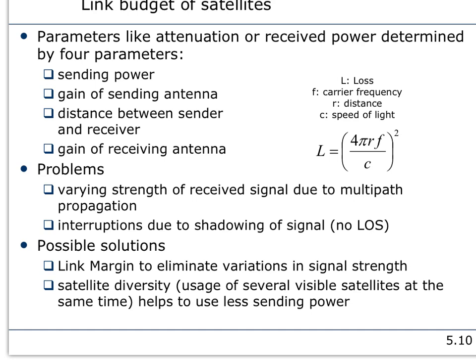Also, you have some interruptions, because if we don't have line of sight between the mobile user and the satellite, or between the satellite and the ground-based station, that's a problem. Usually the link between the satellite and the ground-based station is okay, but the trickiest part is between the moving mobile user and the satellite, because both of them are moving. That sometimes creates shadowing. Shadowing is the fact that you have obstacles that break the line of sight, and that deeply affects the communication.